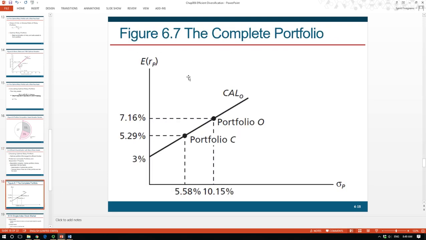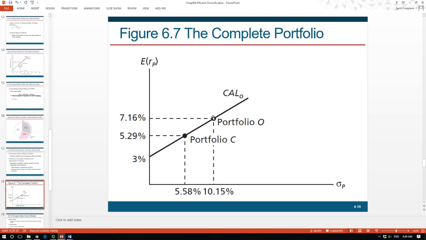So in this figure, you see investors can make a decision between portfolio C or portfolio O, or any portfolio on this capital asset allocation line, simply based on their personal preference of risk-return trade-off.